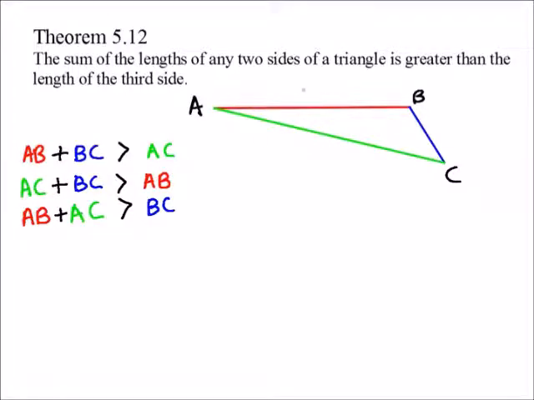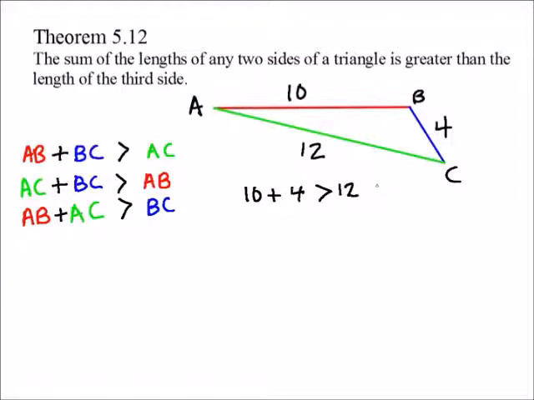How about we look at some of these things? Let's call AB 10, BC 4, and AC, I don't know, 12. Remember, with theorem 5.12, you want to do all 3 possibilities. Is 10 plus 4 greater than 12?